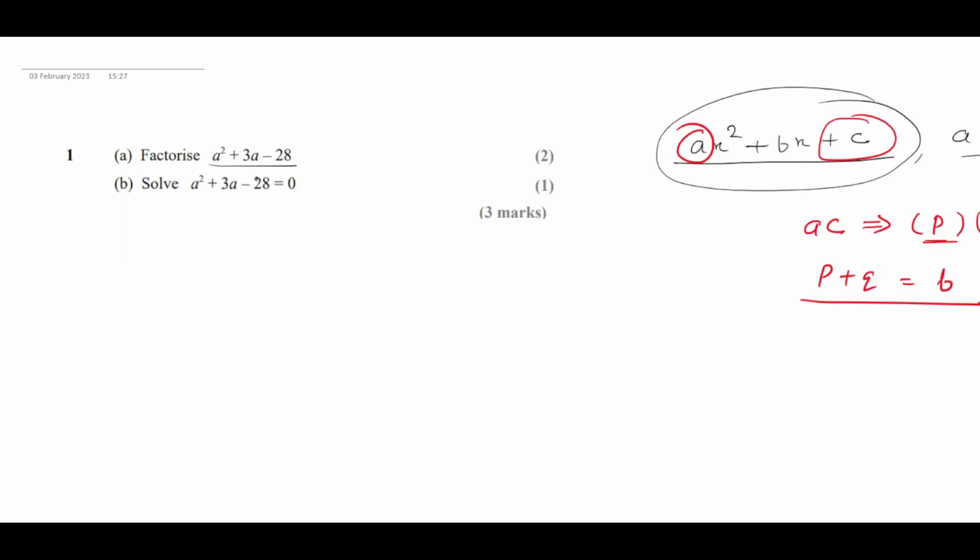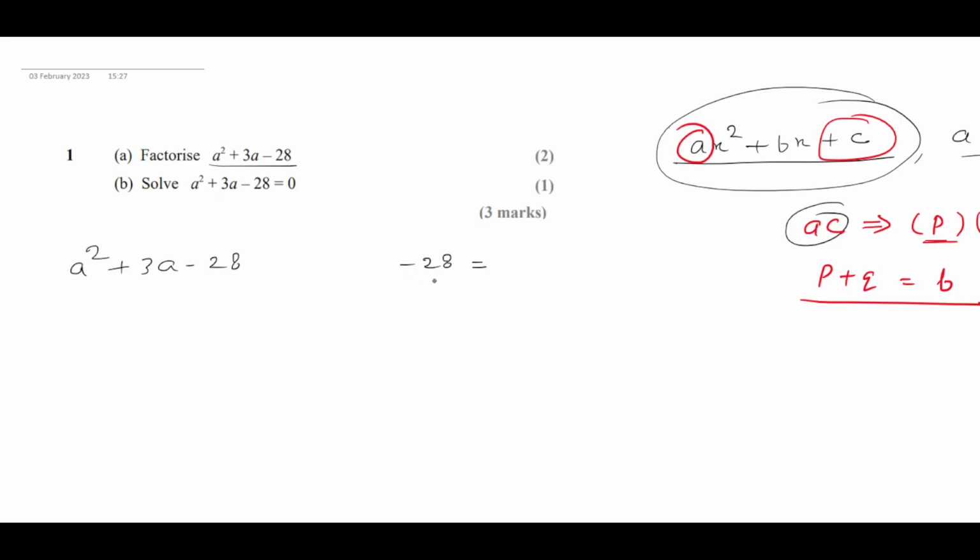Now a square plus 3a minus 28. First I will write this expression a square plus 3a minus 28. Now with this logic, I have this product ac as minus 28, and now I have to write this minus 28 in two factors such that their sum is going to be plus 3.